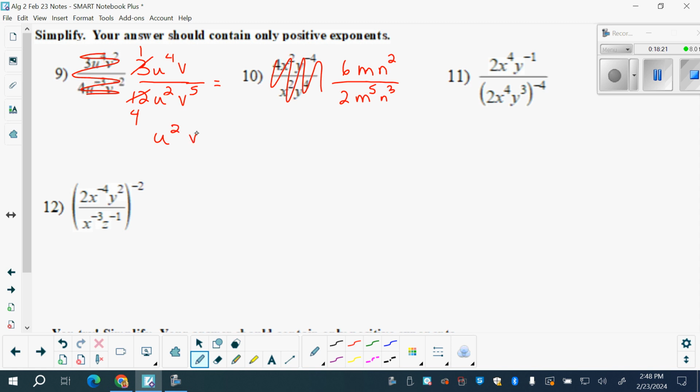And then v to the 1 minus 5, negative 4. And so then the 4 goes down on the bottom. It stays down there. And then how do we rewrite this with positive exponents? U squared over 4v to the 4th.